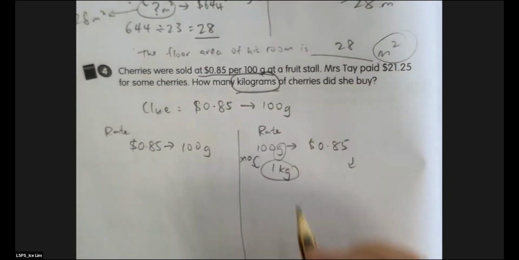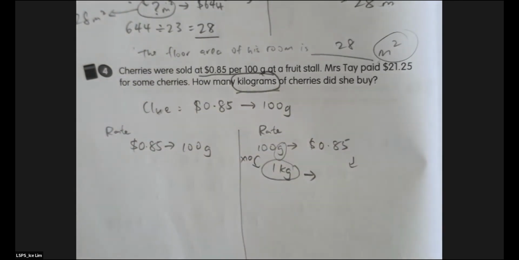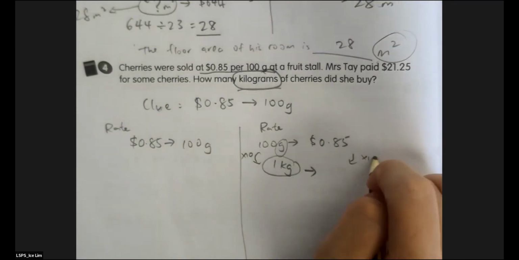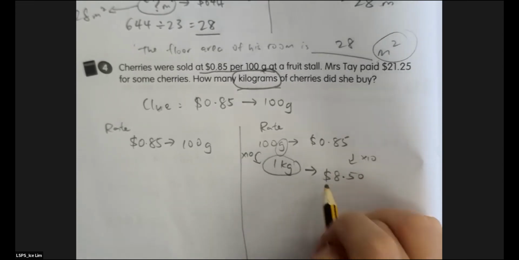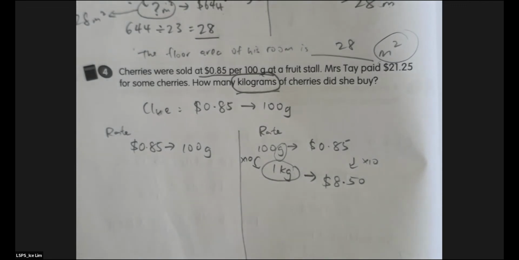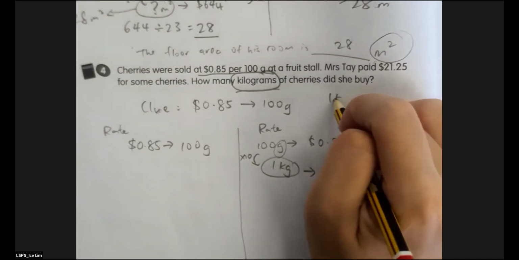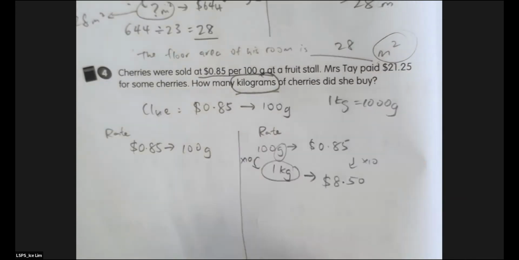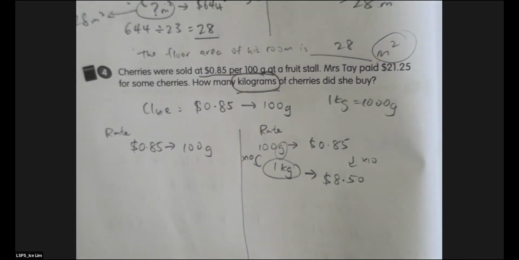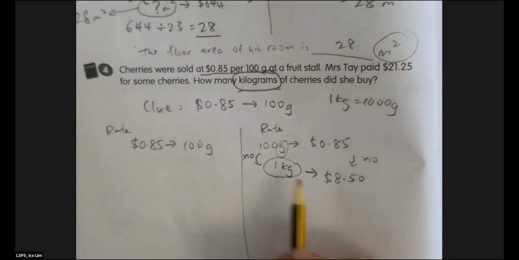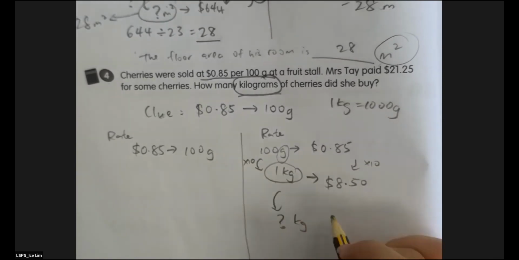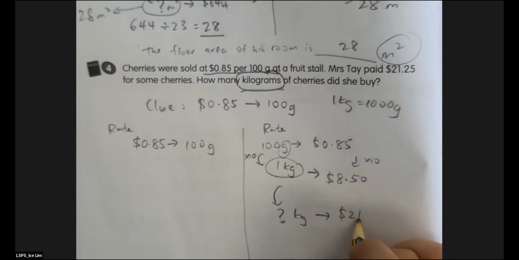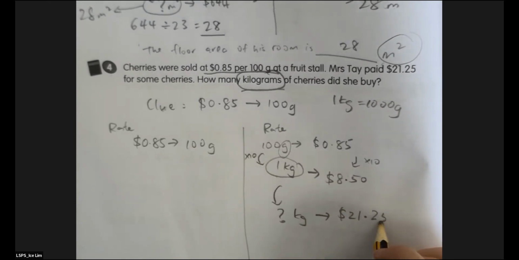Times 10. Okay, so 1 kilogram will be $8.50, because 1 kilogram is 1,000 grams. Is it okay so far? Okay, so I've got 1 kilogram is $8.50. Then from 1 kilogram, I want to get the question mark kilograms, which gives me $21.25.